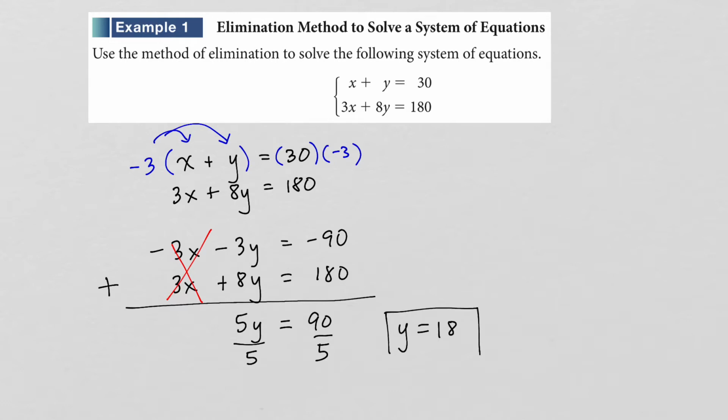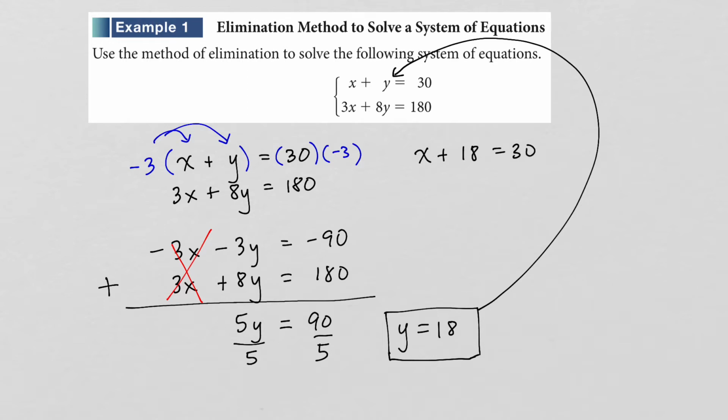Now, this is only half of the solution. Remember, if you get a solution to a system of linear equations, it's supposed to be a point where two lines meet. So if I take y equals 18 and I plug it back into the original equation, we get x plus 18 is equal to 30.